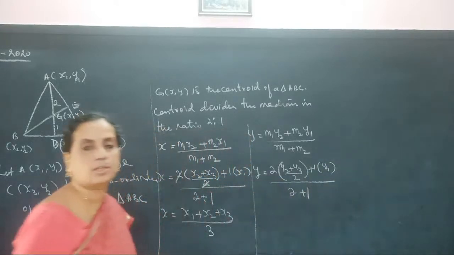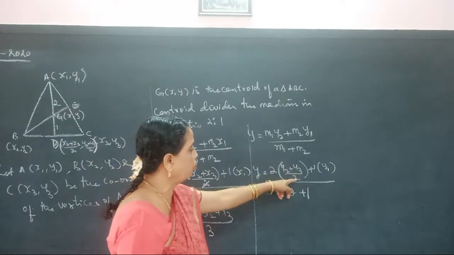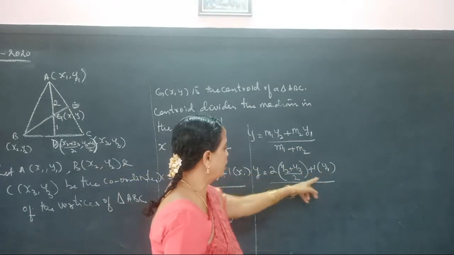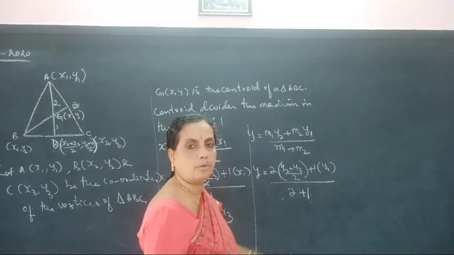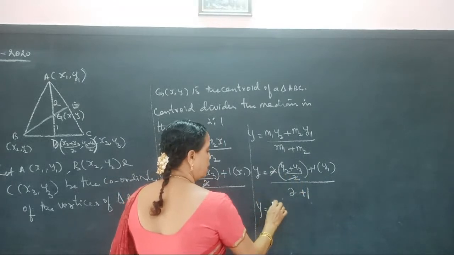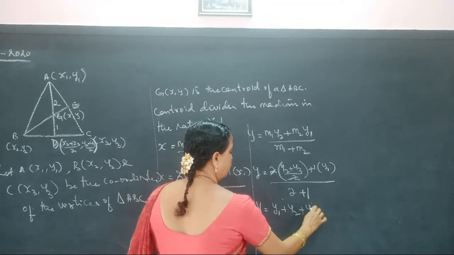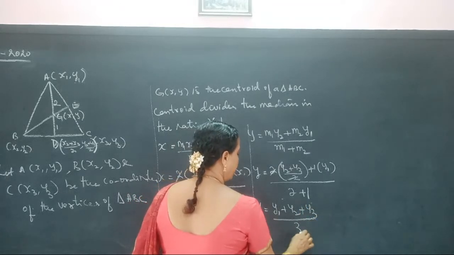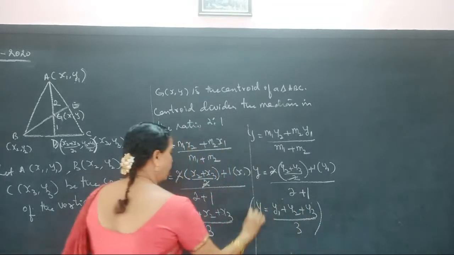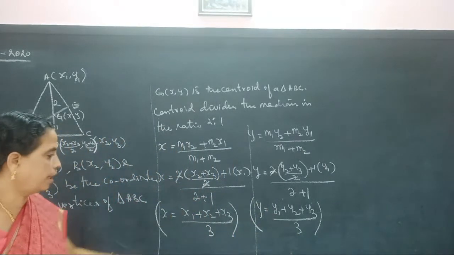Just application of the section formula m1 y2 plus m2 y1 by m1 plus m2. Here also 2 gets cancelled. Y equals y1 plus y2 plus y3 by 3. So x and y value of the centroid we calculated.